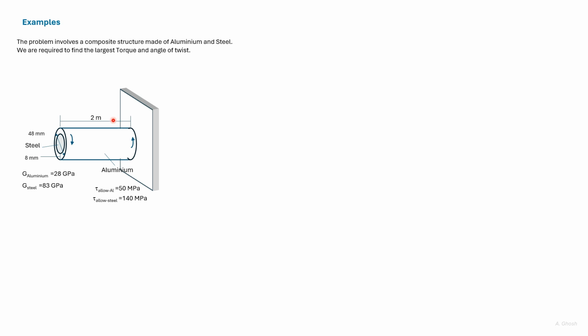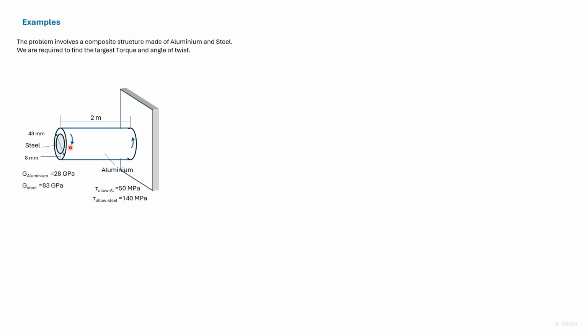We see that if we apply a torque E here, then the torque will be taken up by the steel core and the aluminum sleeve. So we have two unknowns, and this is a statically indeterminate problem.